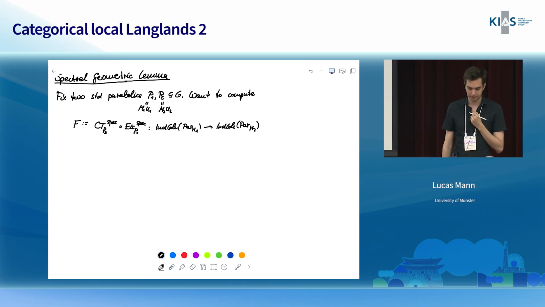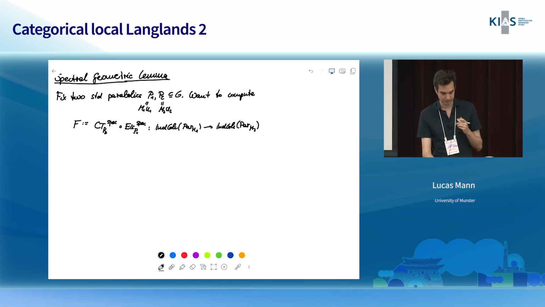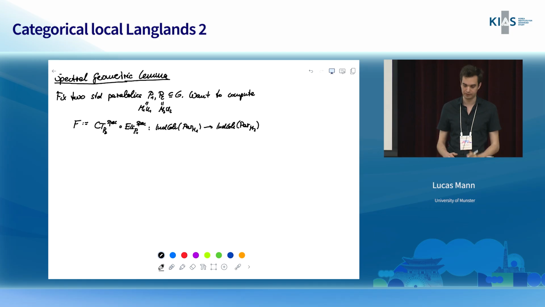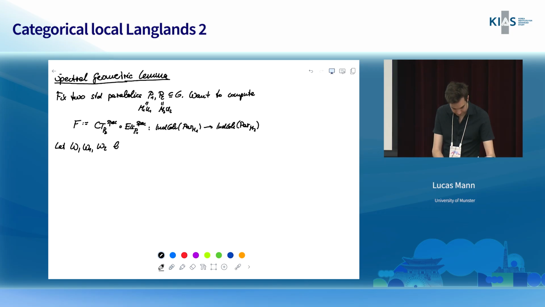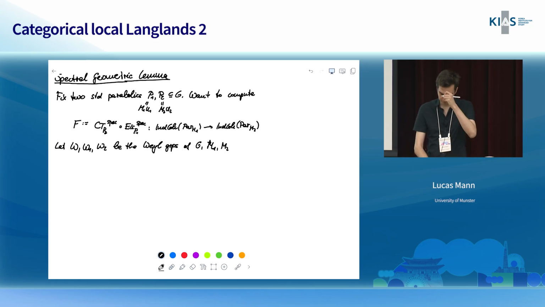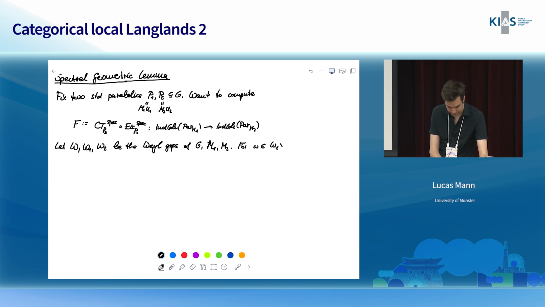Right, so how do we compute this? So we want to compute this in terms of Eisenstein and spectral terms of parabolics inside of the M1 and M2. So let me introduce those. So first we let W, W1, W2 be the Weyl groups of G, M1, M2, and then for an element in the double quotient I introduce a bunch more groups.